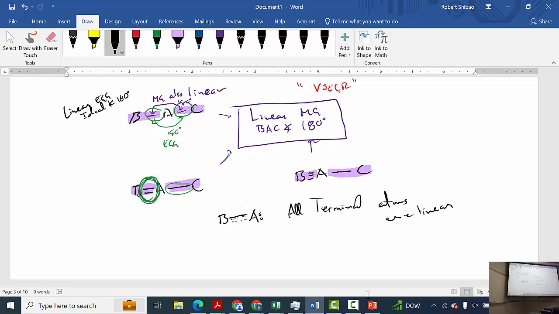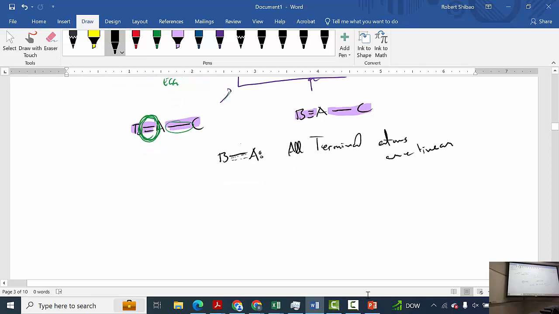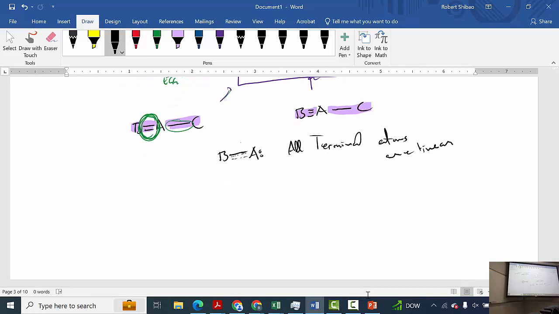If you only have two atoms, those two atoms are always going to adopt linear, no matter if this is a single bond, double bond, or triple bond. So we just end up linear.